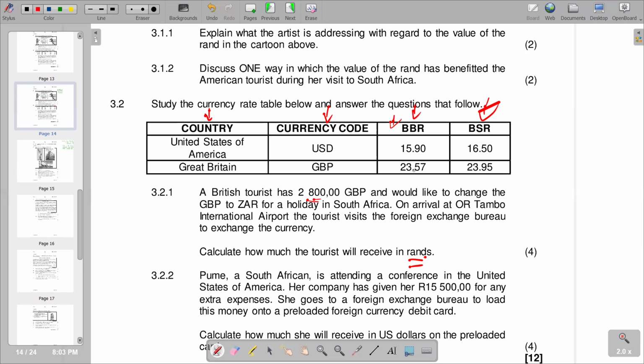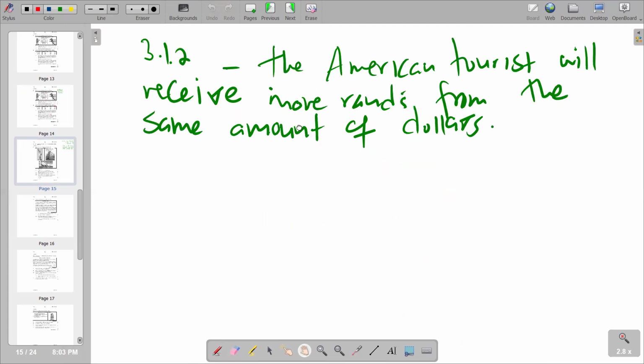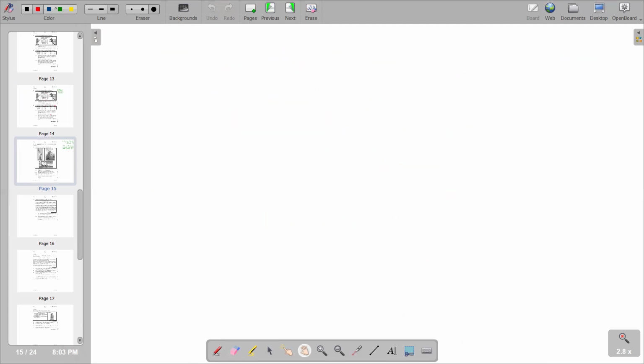The buying rate is 23.57 rands. We can express it as that in 3.2.1.